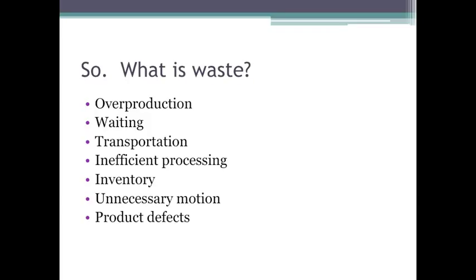Inefficient processing. If it takes us 10 minutes to get something done that should take 5, well, that's a problem. Inventory. I've already talked about this in some detail. Unnecessary motion. If you have to go around all over the place to get something done, and you don't have to, well, that's an issue. That's a problem. That's time wasted.